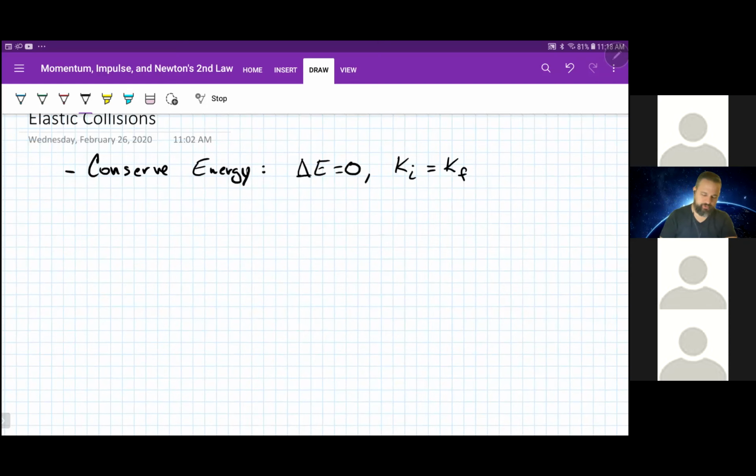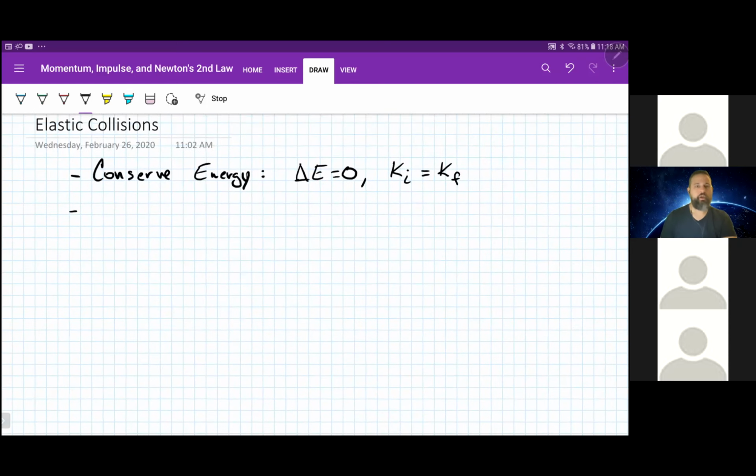So it conserves energy if, and I explained that part here, collisions occur in a plane. Then it's just what I wrote up there, Ki equals Kf.